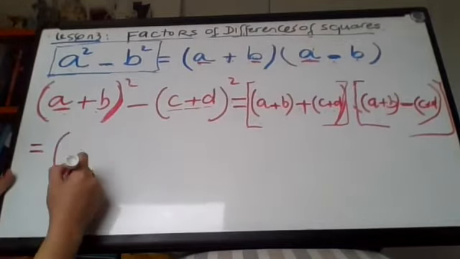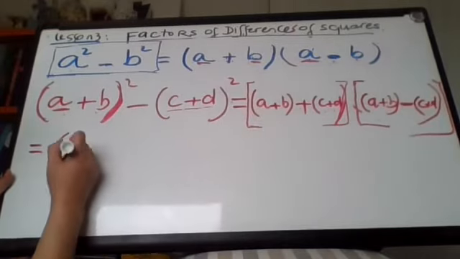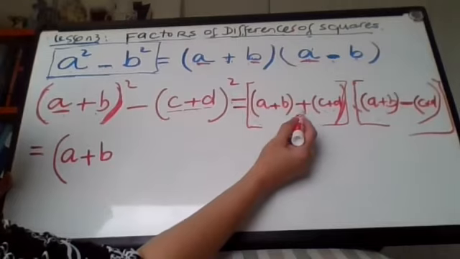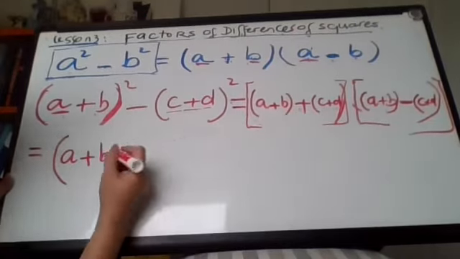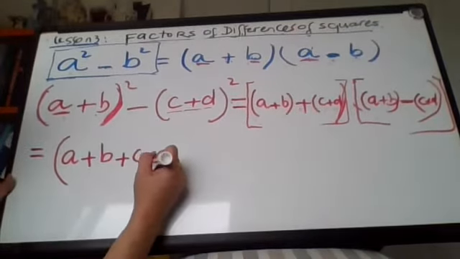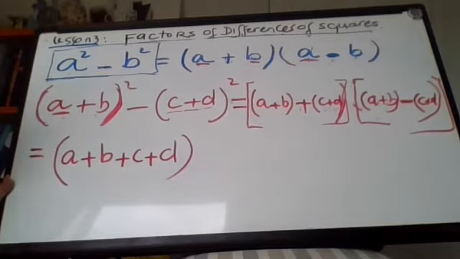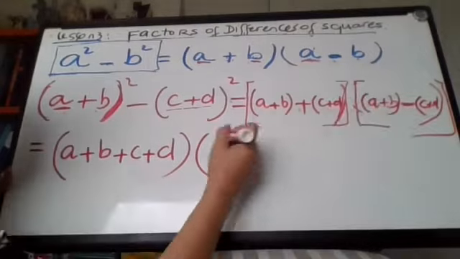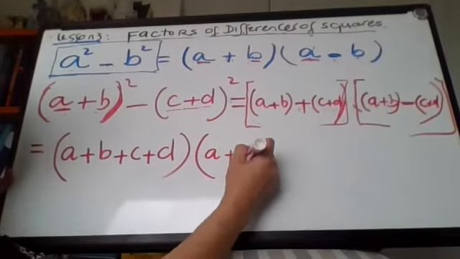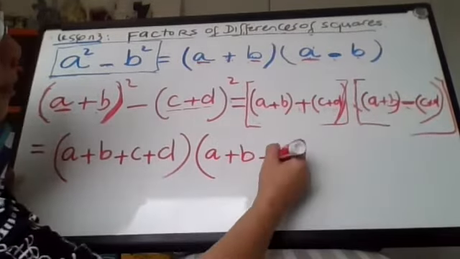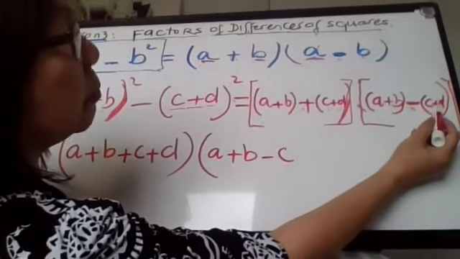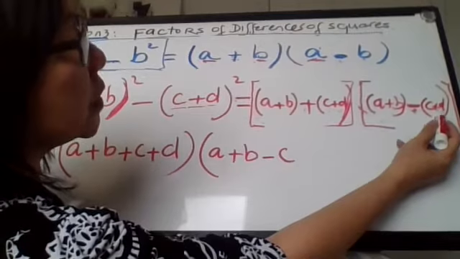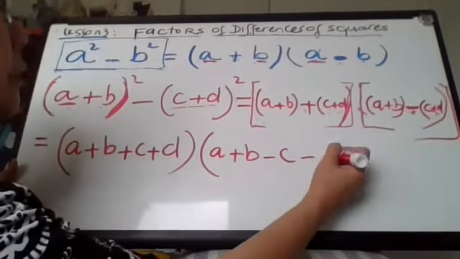So remove the big square bracket here and put A plus B, just copy. And what you do is just copy it down. Now the plus sign here, C plus D. So plus C plus D. We're done. Next, open another bracket. A plus B minus C and plus D, but because of this minus, it changes this plus D to negative as well.